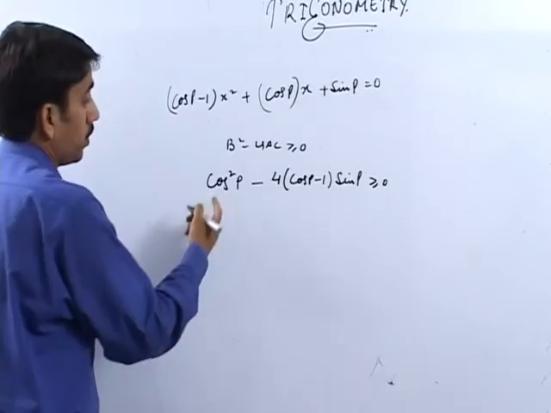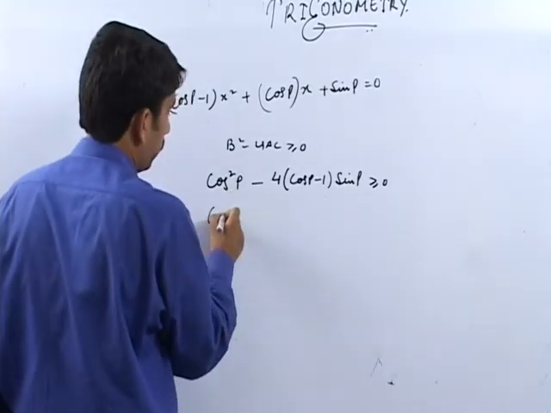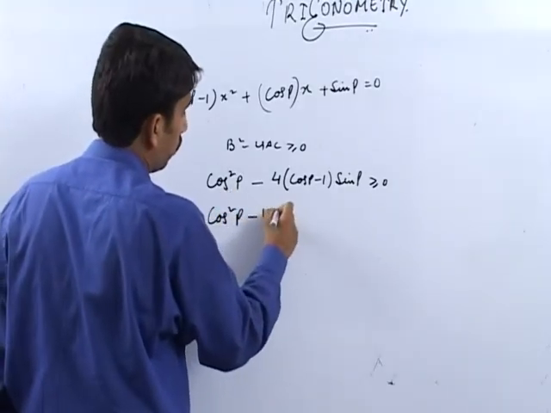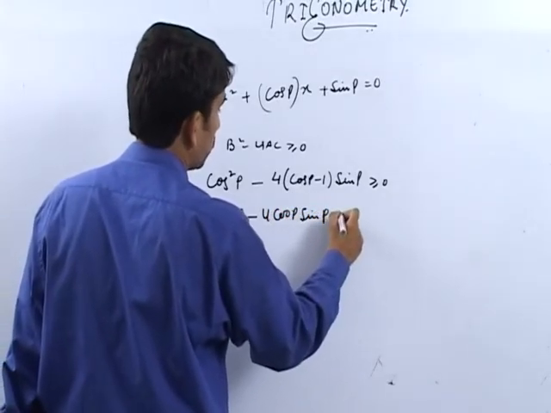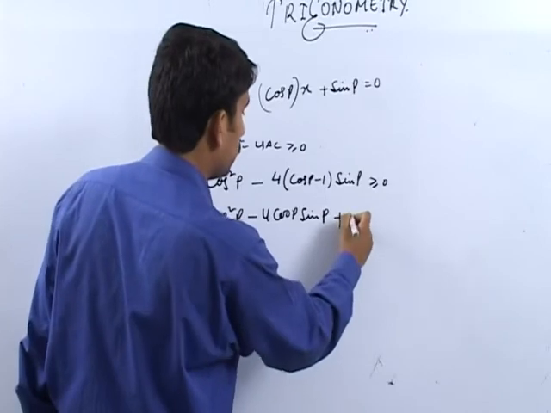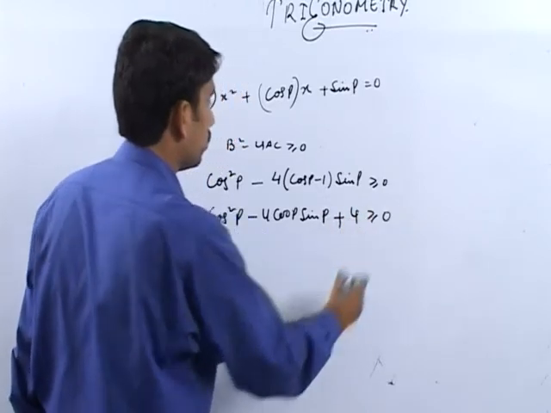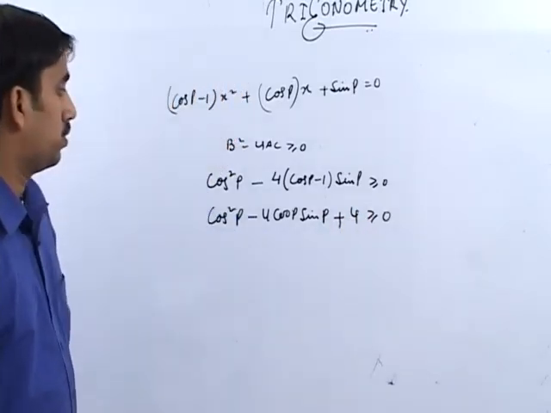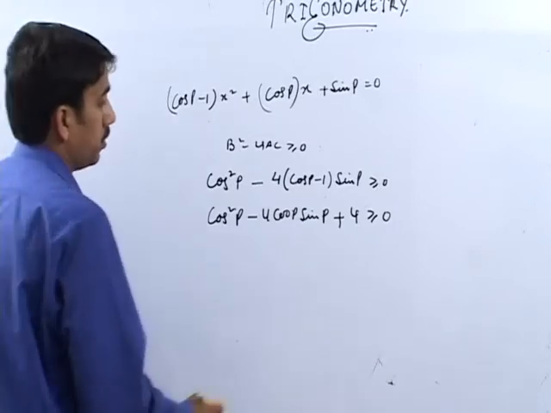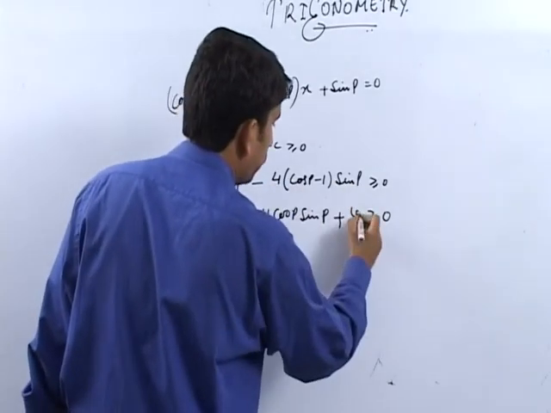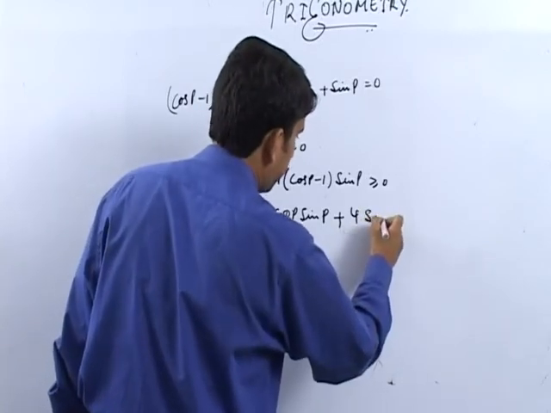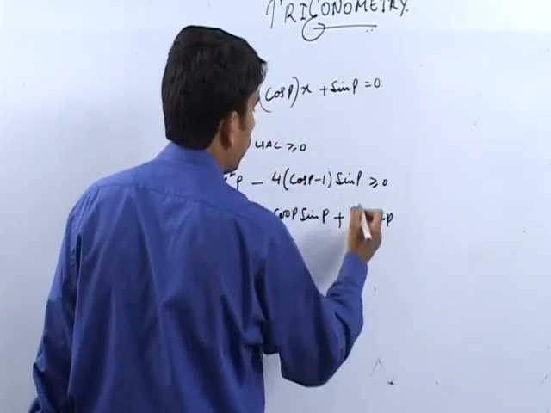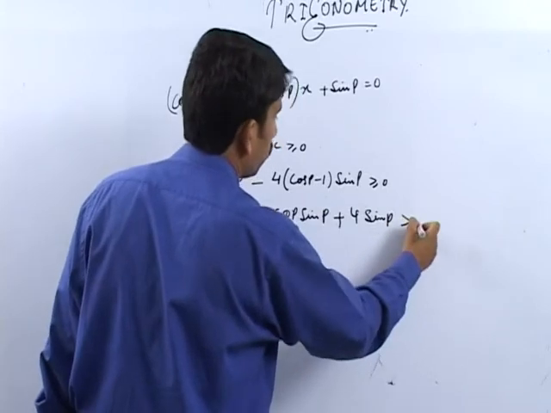Now cos square p minus 4 cos p sin p plus 4 sin p, minus will be plus, and 4 sin p should be greater than or equal to 0.